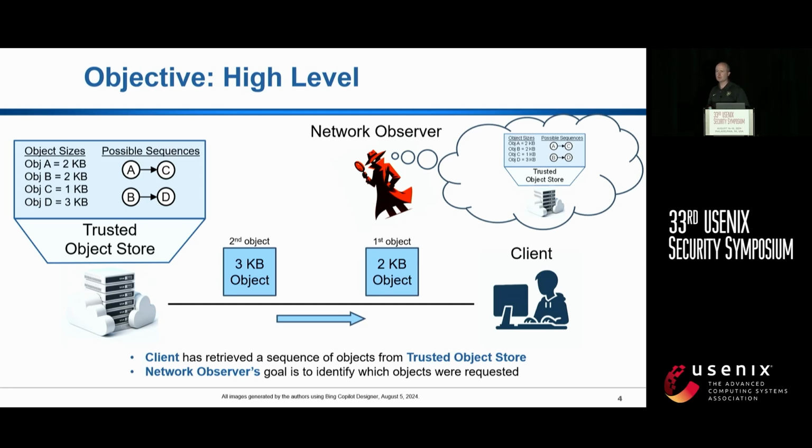Now, the adversary in this setting is a network observer that is observing the objects as they are being retrieved, and it is using its knowledge of the objects that are on the object store to potentially try to identify which objects were retrieved.